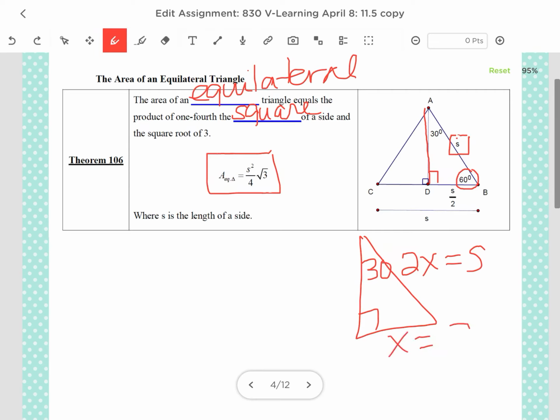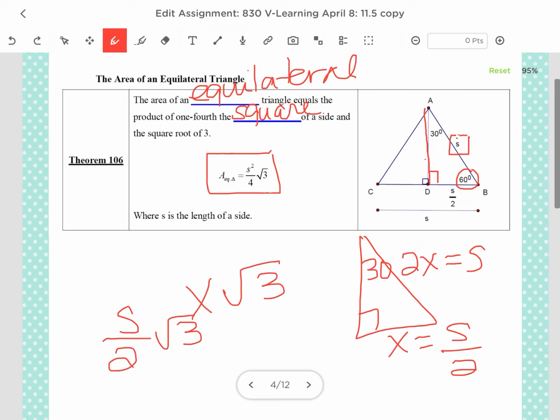So in this case, it's going to be s divided by 2, okay? And we know the height is always going to be whatever x is times root 3. So since x is s over 2, we can write this as s over 2 times root 3.